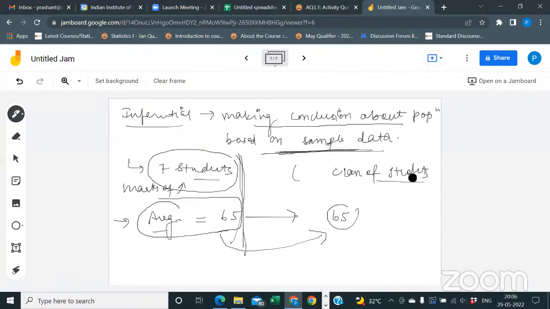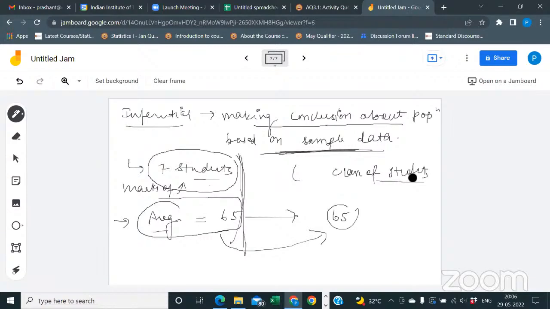Now on the basis of these 20,000 students' data, you are making a conclusion for the whole of India, then it becomes inferential statistics. On the basis of sample data, you are making an inference for the whole data, right? Is it clear? Now Sapna, please go ahead.